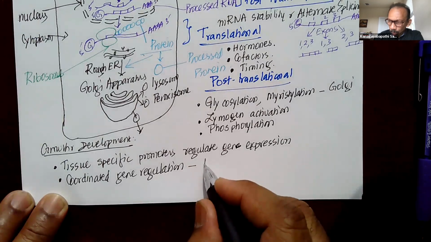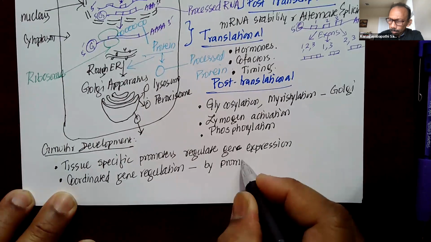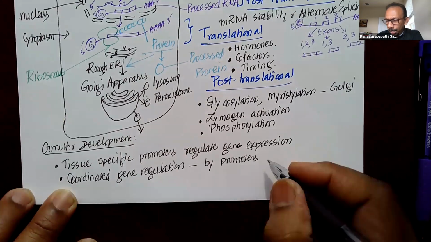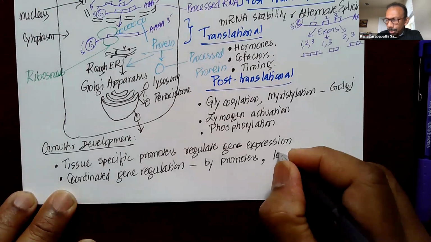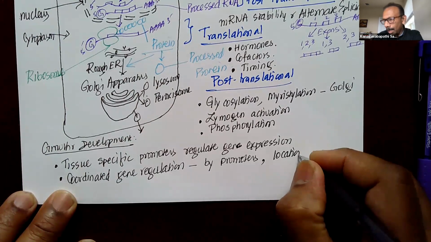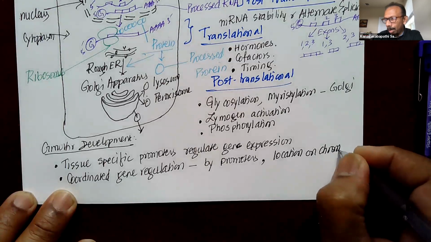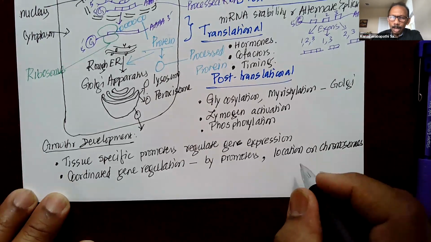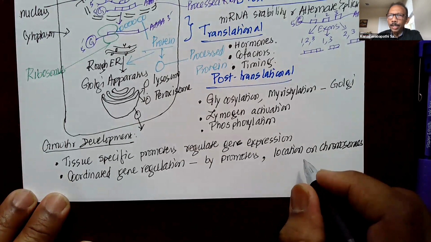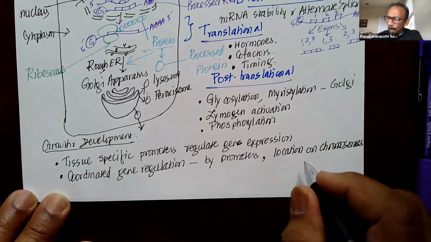This is also done by the promoters, binding to different transcription factors, and by location on the chromosome. They're all located close to each other, and then they are relaxed and start to express. That is how coordinated gene regulation works. Okay, I think that completes it.